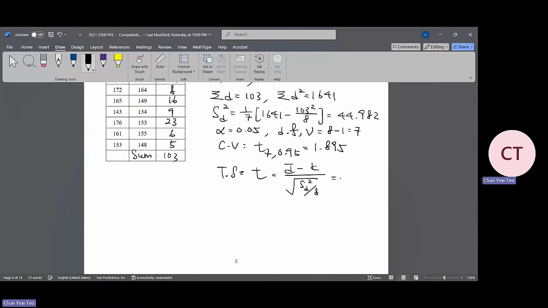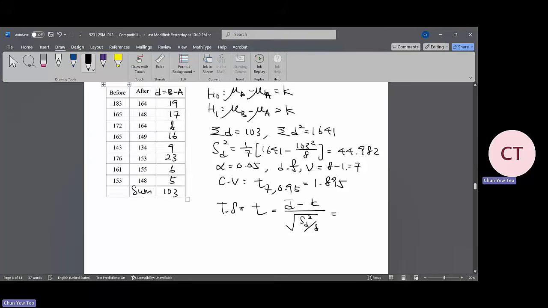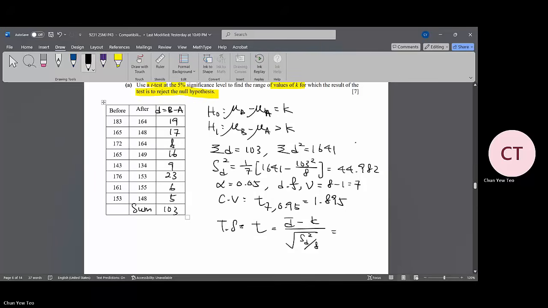You replace the value of D bar, which is 103 divided by 8, so 103 divided by 8 is 12.875.